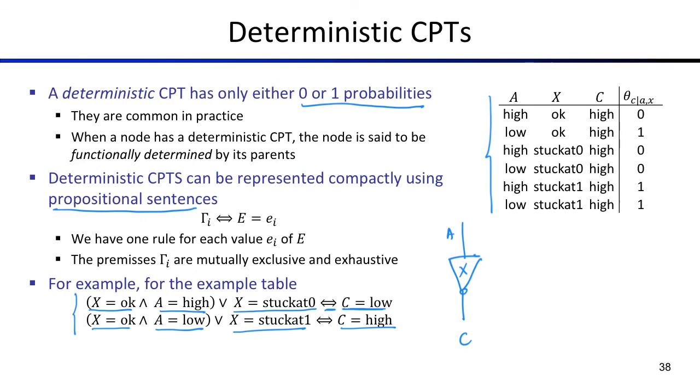And it's also true in the opposite direction: when we have X okay and A is low, or we are stuck at 1, we can imply that C is going to be high. So this is a very compact representation for a table. We understand that this table is not very large, but if we have several parents, we could summarize the entire table in a few rules if the CPTs are deterministic.